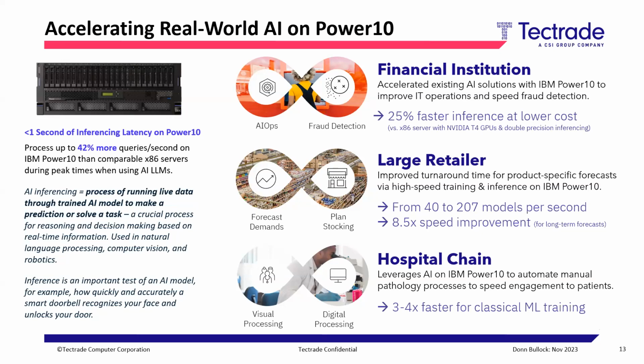A hospital chain was able to increase the speed of their own care by completing reports and having access to pathology on a faster basis versus doing it manually before. Each one of those is a great example of how the combination of Power and AI is helping individual companies speed up the things that they already do today.